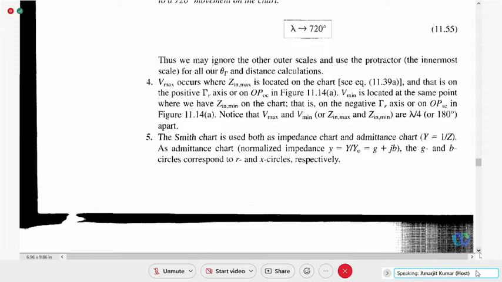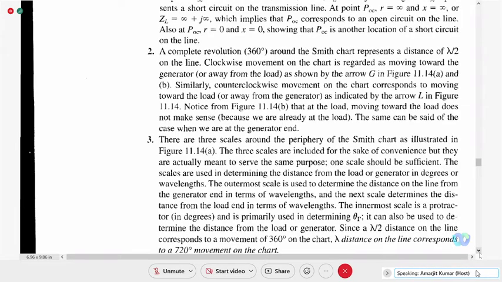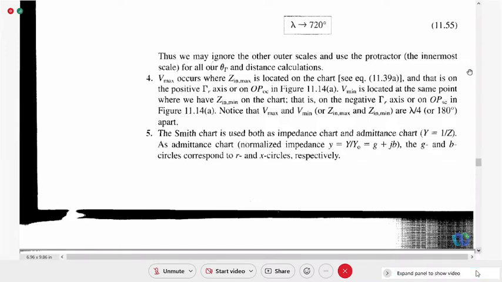What is the meaning of the three types of scale? You can use any one scale, but the outermost scale is used to determine the distance on the transmission line from the generator end, in terms of wavelength.